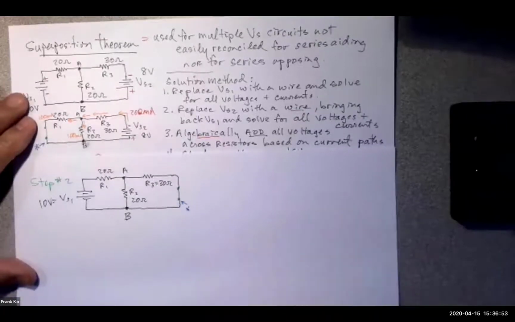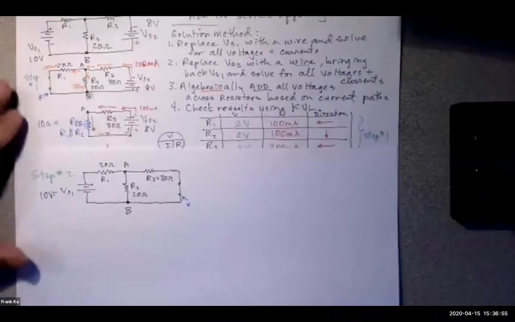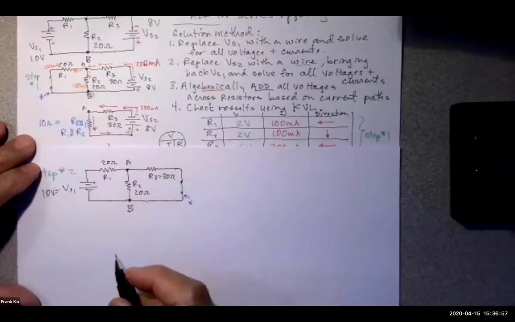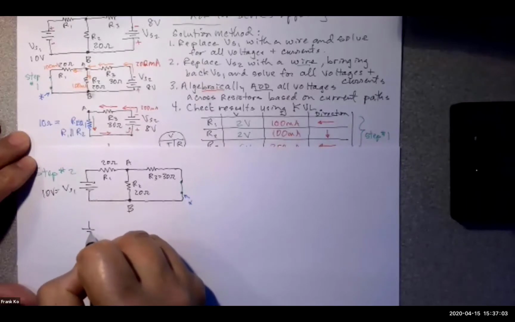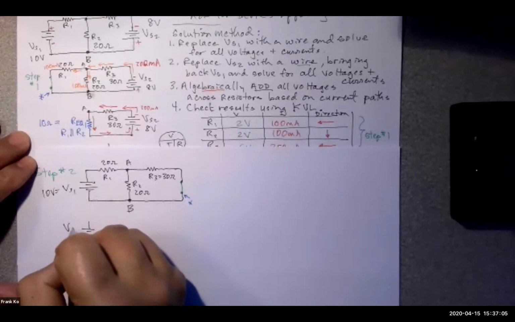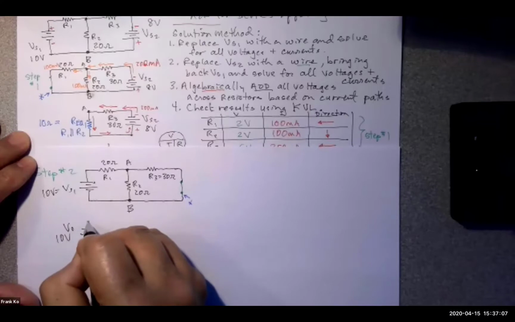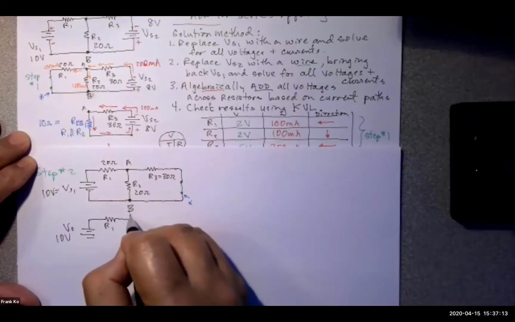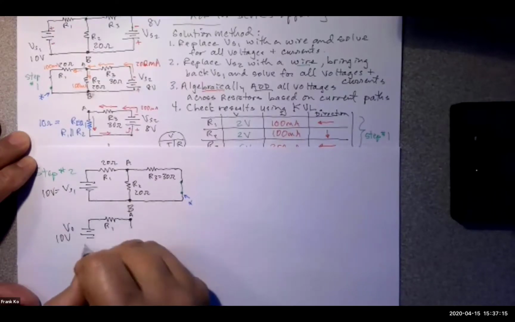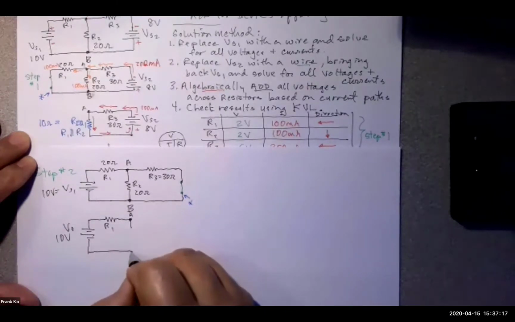So that means I can redraw similar to what we've done before, but with these sources. So I will have here, here, here, here. My VS1 is still 10 volts. I still have an R1. Here's point A. And come down here.